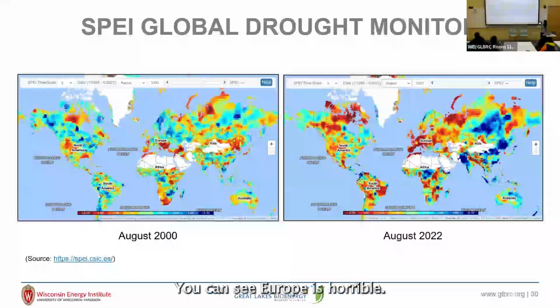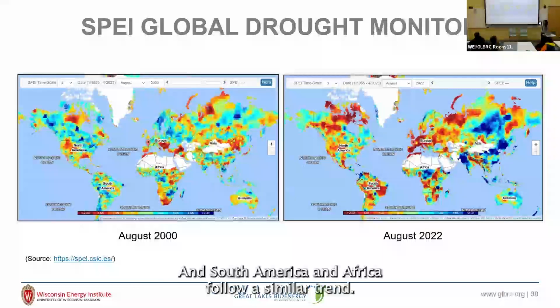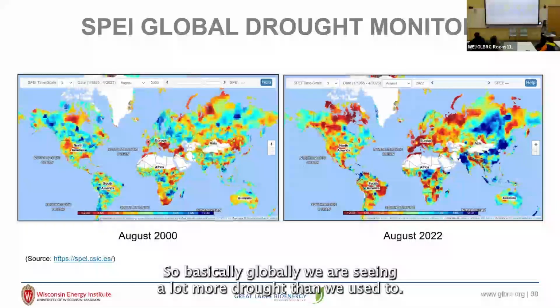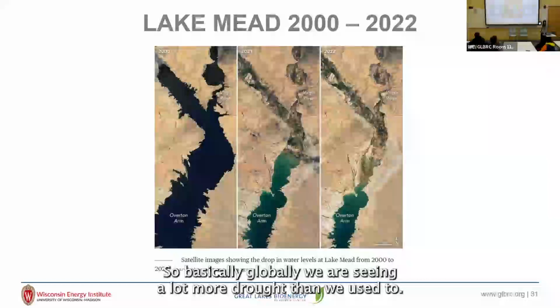You can see Europe is horrible. Most of Europe is under dark red, and the US West Coast is much more red, and South America and Africa follow a similar trend. So basically, globally, we're seeing a lot more drought than we used to.